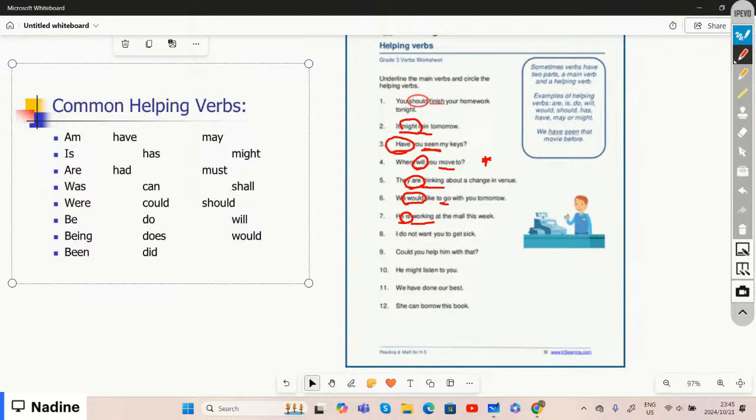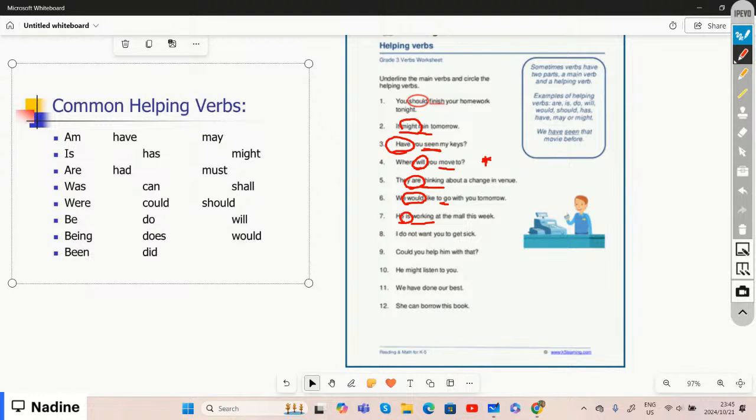So this is now the end of our lesson on helping verbs as well as main verbs. Remember, within our sentence, we need to first identify the main verb. The main verb is the action.